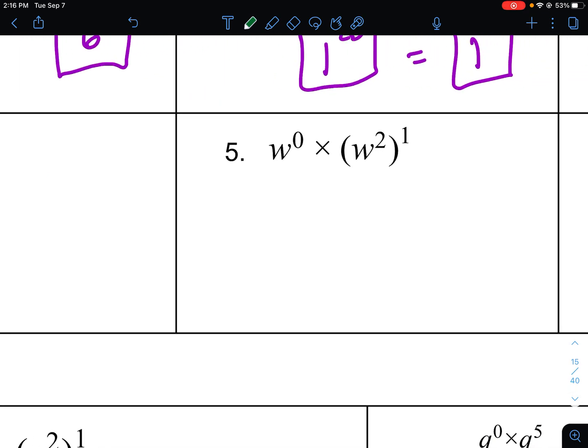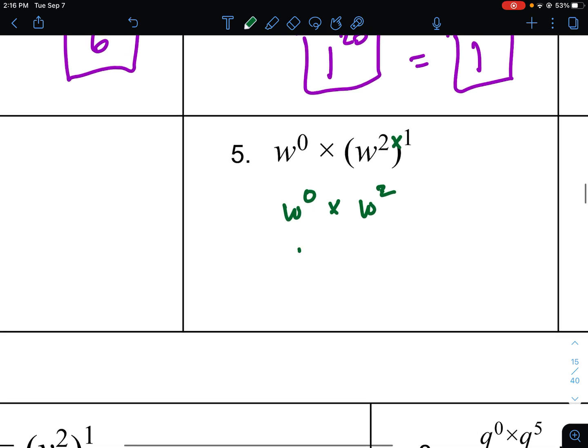W to the 0 power times w to the 2nd raised to the 1st power. Well, 2 times 1 is just 2, so this is still w to the 2nd power. And w to the 0 power, you could add those up, because when you multiply powers, you're actually adding them.